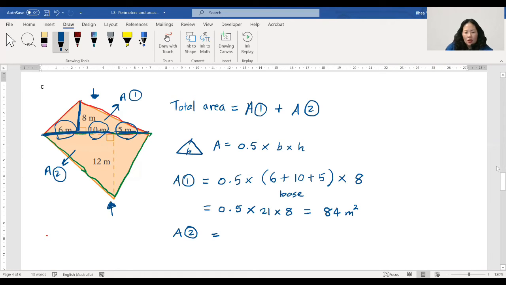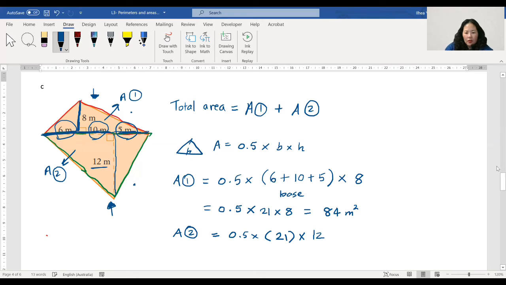So now I'm looking at the bottom triangle right now. Okay, so 0.5 times my base. The top triangle and the bottom triangle are both sharing the same base, so it's going to be 6 plus 10 plus 5 as well. So I'm just going to put 21 because they're the same. And my height is 12 right there. Okay, that's my height. So I'm going to put 12.